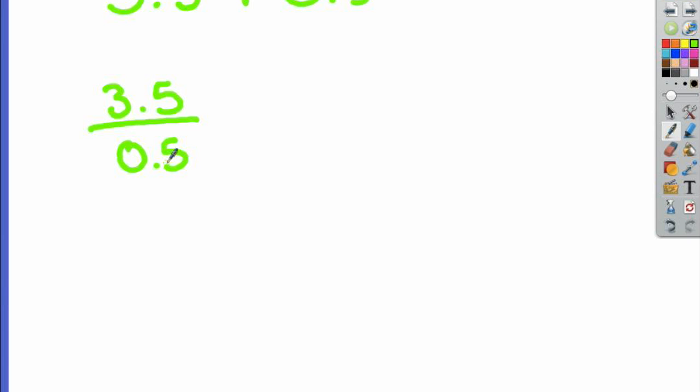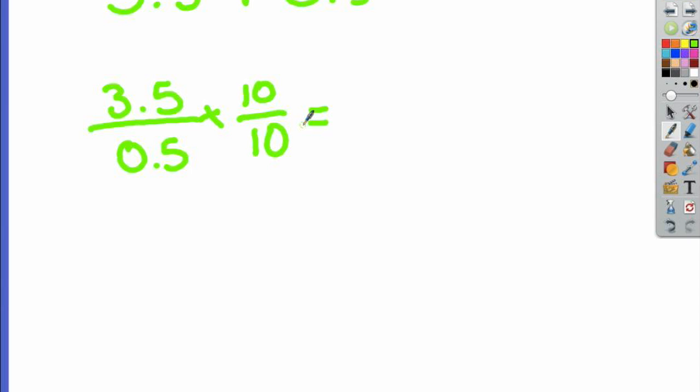So in order to get it out of the tenth place, because I don't want a decimal on the bottom, I can't have a decimal on the bottom. In order to get it to move from the tenths to a whole unit, what do I need to do? Nathan? Multiply by 10. So if I multiply the bottom times 10, I would have to multiply the top times 10. So this would be times 10 and 10.